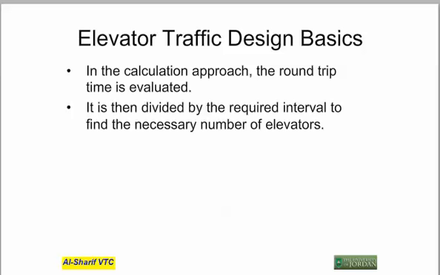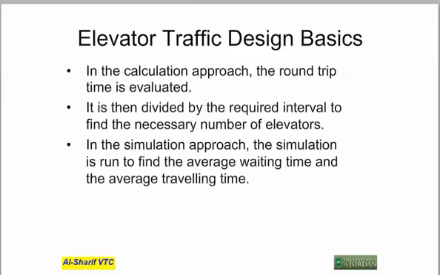That is the classical method of design that has been used so far. That approach is really based on calculation, and I use the term calculation because we calculated the round trip time rather than simulated it, and once we got the value, we divided by the required interval and arrived at the necessary number of elevators. And the necessary number of elevators, for obvious reasons, has to be an integer. It has to be a whole number.